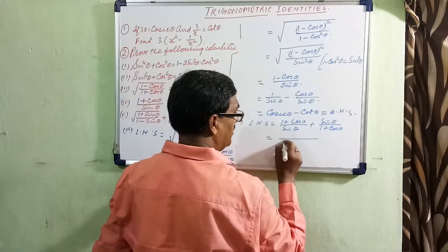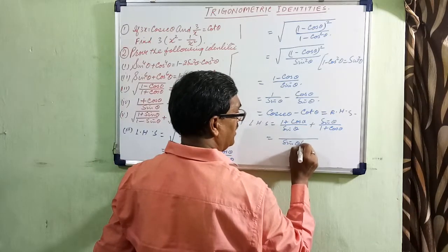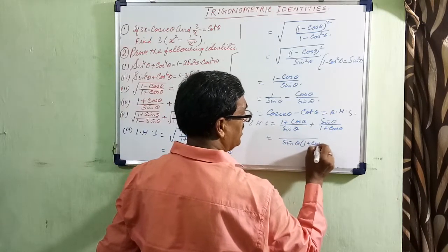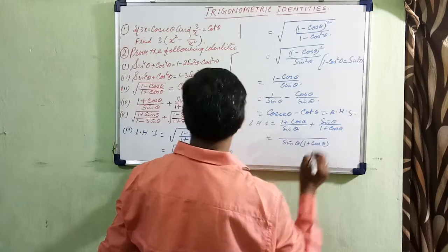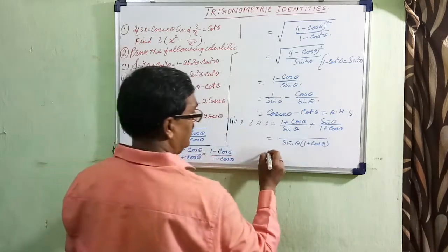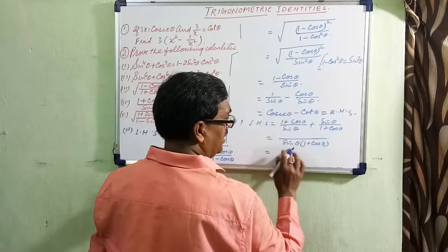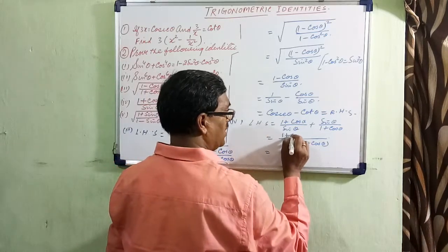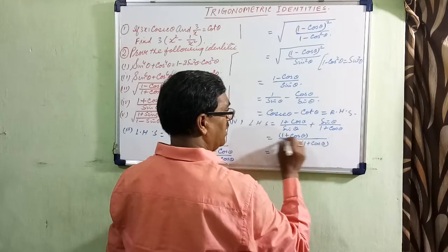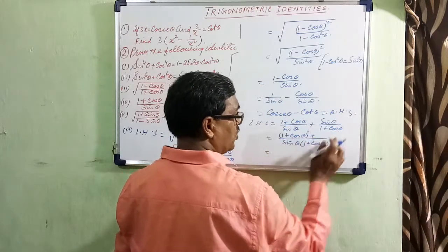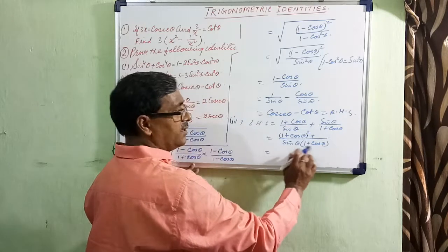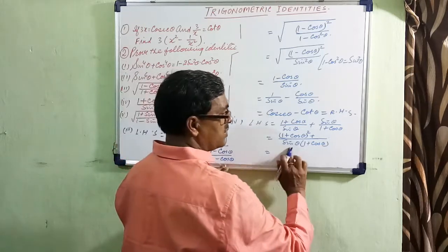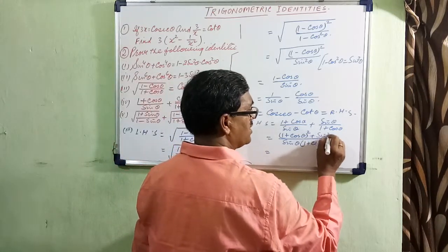Take the LCM: sin theta into (1 plus cos theta). Then sin theta divides, and 1 plus cos theta is left: (1 plus cos theta) into (1 plus cos theta), (1 plus cos theta) whole square. And (1 plus cos theta) will divide sin theta into (1 plus cos theta) and will vanish, only sin theta is left: sin^2 theta.